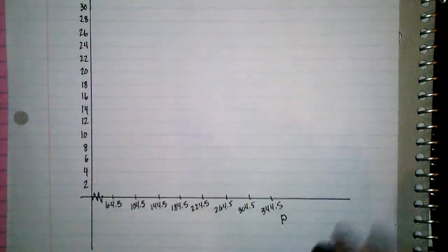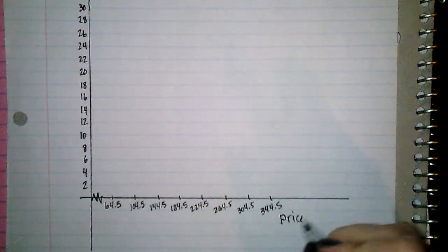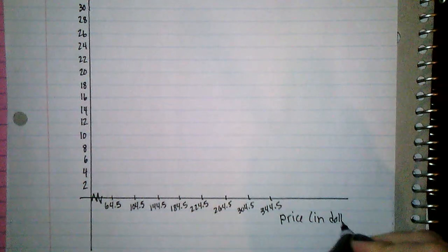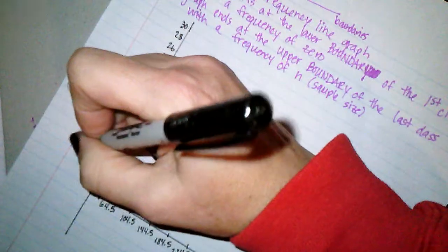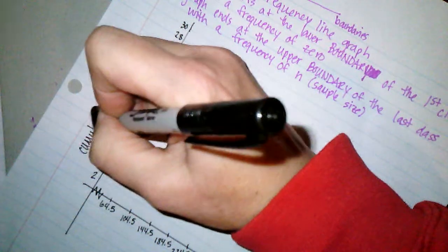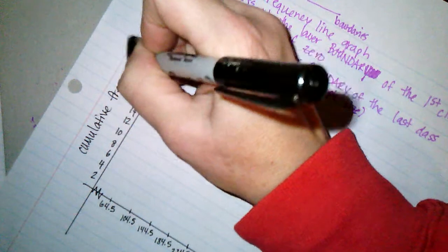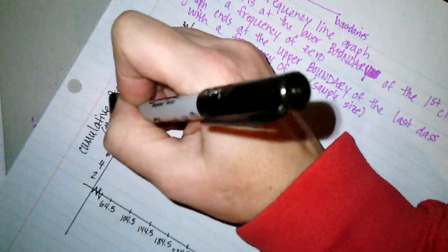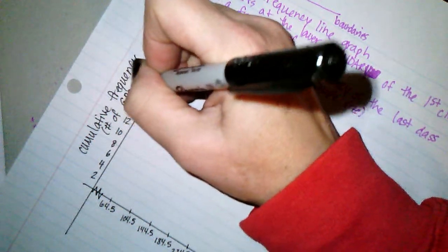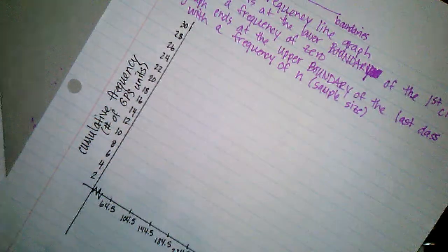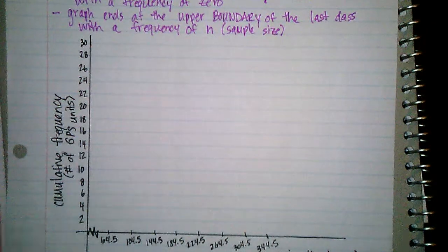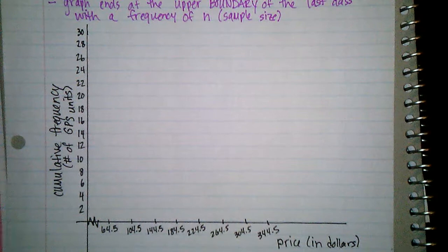So we'll label this axis down here as price in dollars. And along here we have cumulative frequency. And the units were number of GPS units.